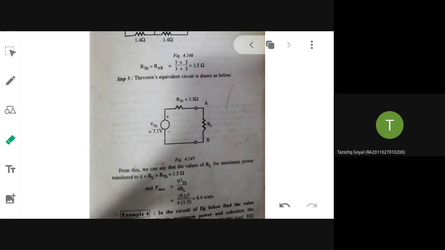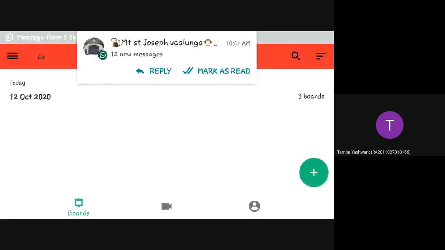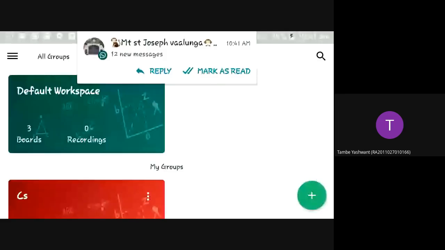One more thing I wanted to tell you. Do you know what is the voltage current relationship for R, L and C? For R, what is the relationship between voltage and current?